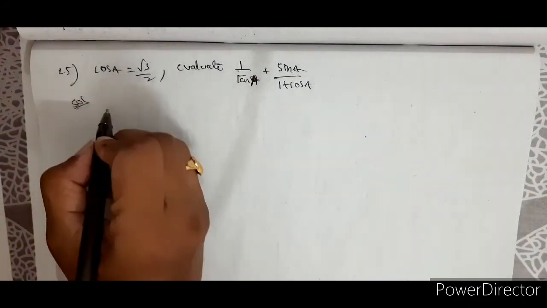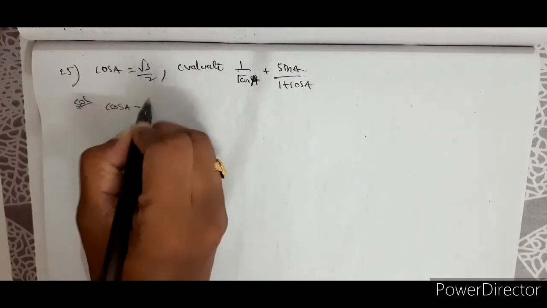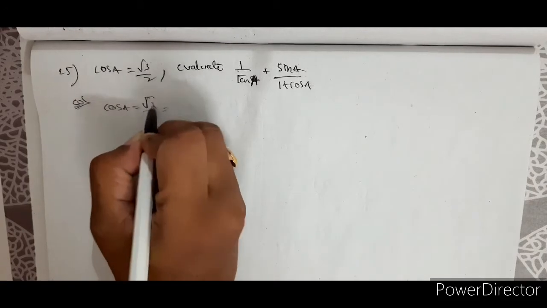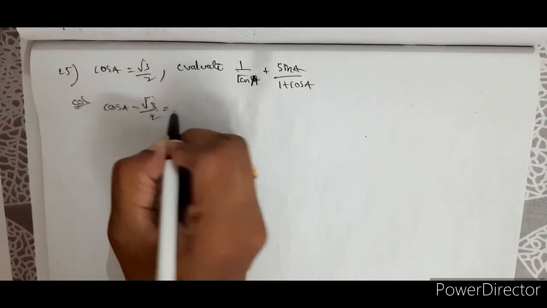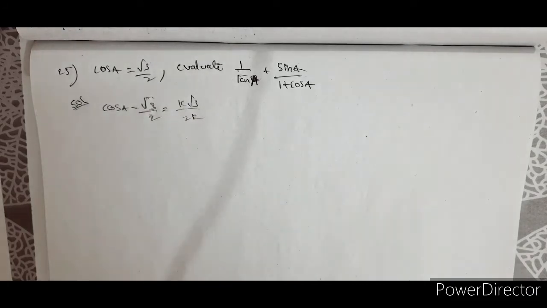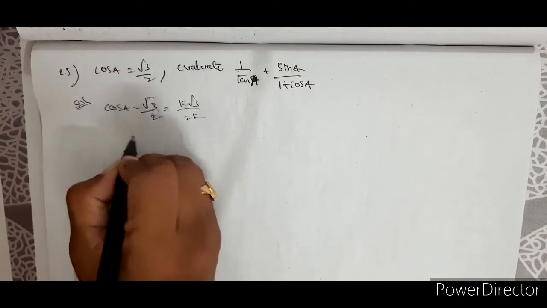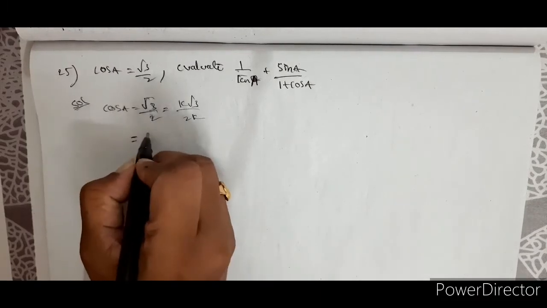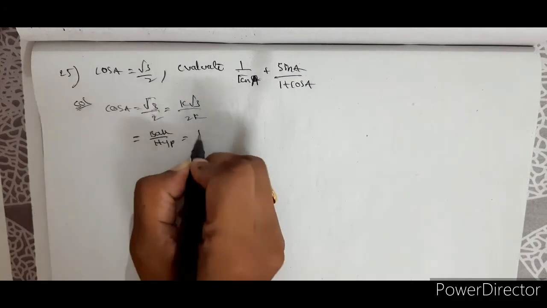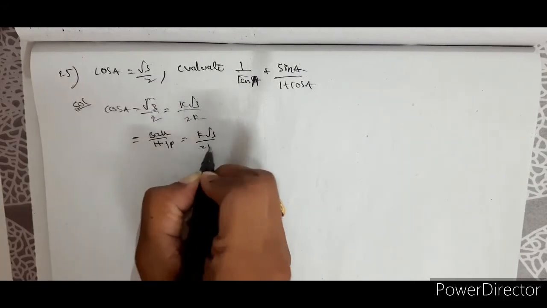As usual. From cos A is equal to root 3 by 2, you have it to be k root 3 by 2k. Okay. But cos is defined as base by hypotenuse, which is k root 3 by 2k.